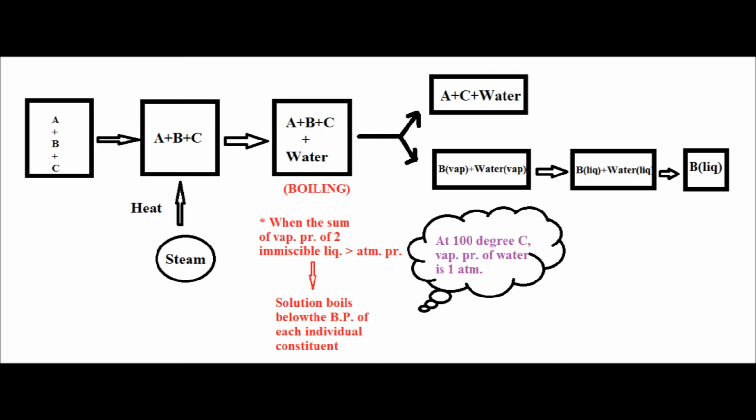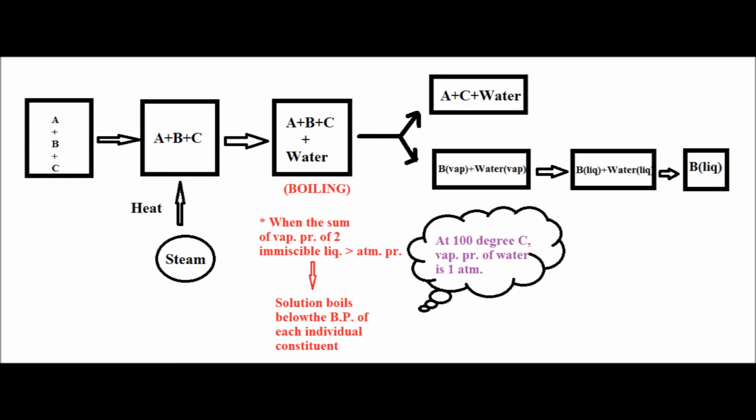As we know, at 100 degrees Celsius the vapor pressure of water is equal to 1 atmosphere. So, as water is one of the components of the system, the sum of the vapor pressure of one of the other components and water would be greater than 1 atmosphere below 100 degrees Celsius.